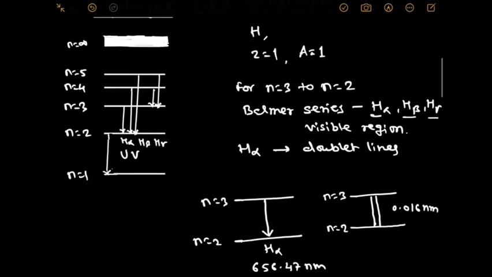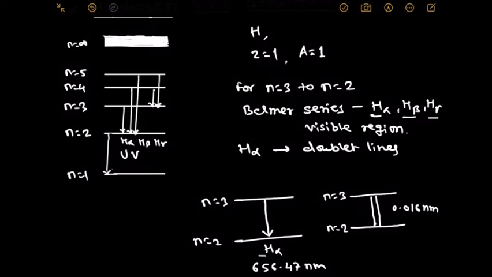Before that, we see for the Balmer series H alpha line, according to Bohr theory or the Schrödinger theory, when the transition takes place from n equal to 3 to n equal to 2, we get the H alpha line. That H alpha line is observed in the visible region, having a wavelength equal to 656.47 nanometer.